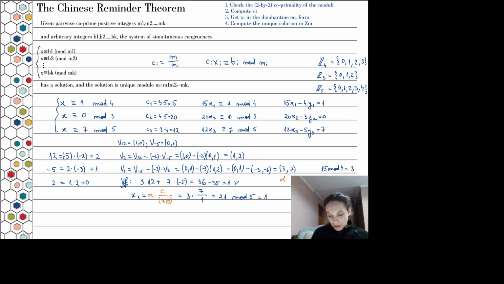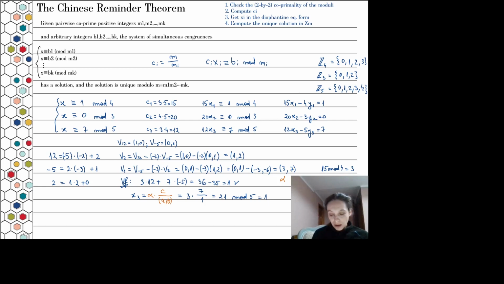So we will have 3x1 congruent to 1 modulo 4. It is easy to try these possible solutions, and we find that x1 is 3 because 3 times 3 is 9, and reducing it modulo 4 gives 1.